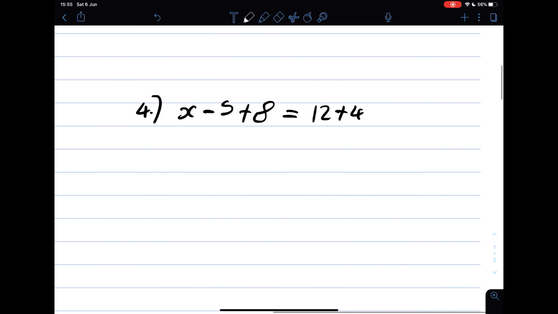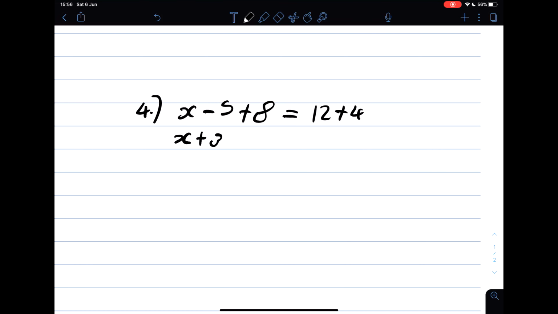Now, final one, pause the video and you should try have a go. Alright, welcome back if you've had a go. Now, we should clean up both sides, so let's start with the left-hand side. So, minus 5 plus 8, which is 3, because 8 minus 5. You can sometimes read this as 8 minus 5 rather than minus 5 plus 8, if it helps you.